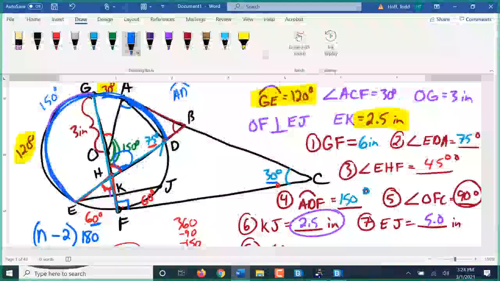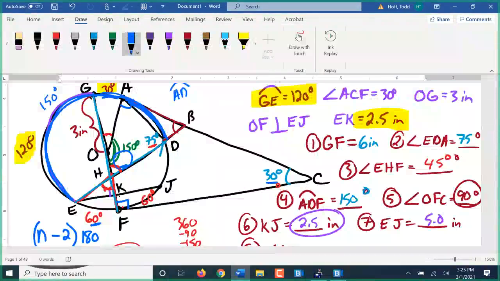Gotta go back and fix that angle yet, figure out what I did wrong here. So we need to know angle or arc AD, and we need to know angle EHF yet. Not 45 degrees, I screwed that one up. AD is not perpendicular. So I have to find that angle. I've got to go back out to this larger piece here.